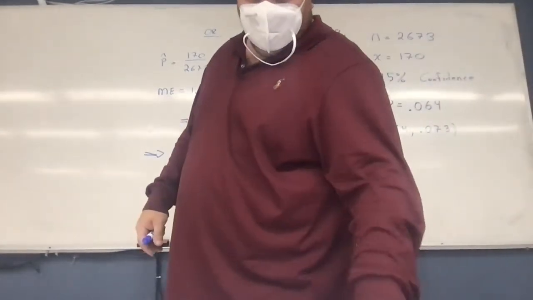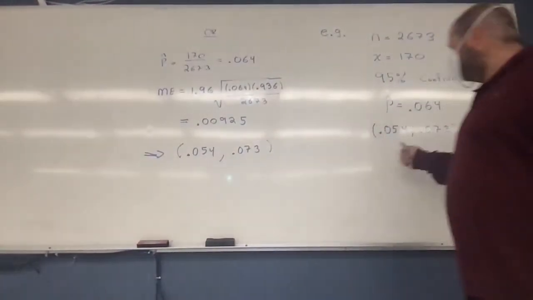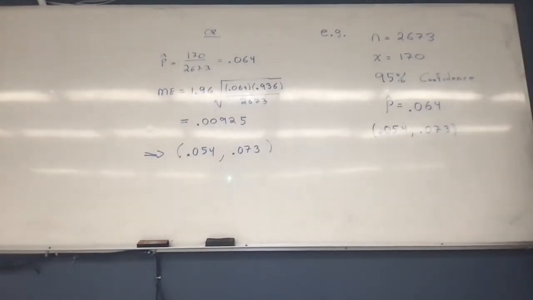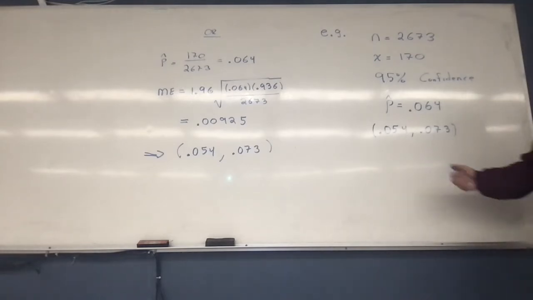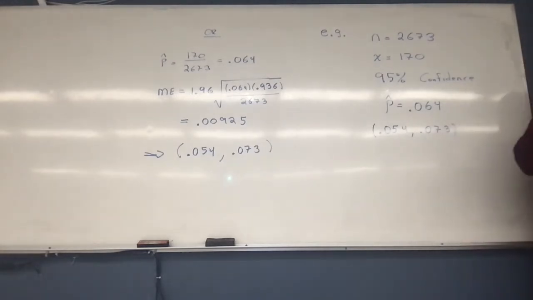So what does this mean, by the way? Someone interpret this. I don't mean good or bad. The question was, what percent of all adults, heterosexuals, have had more than one sexual partner in the last year? This is my confidence interval.